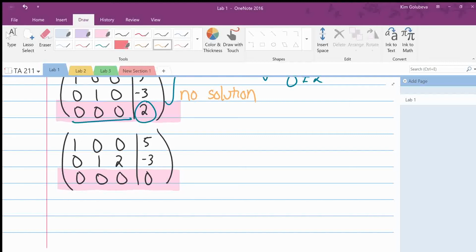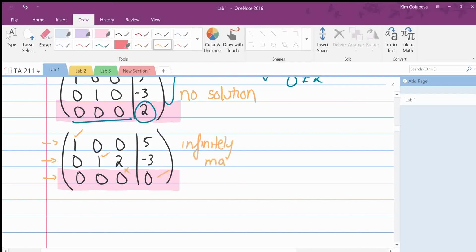So for these ones, if you look at all of the rows, you notice that, yes, row 1 has a leading one, row 2 has a leading one, but row 3 doesn't have a leading one. So in this case, you're going to check if your row that doesn't have a leading one is equal to 0. And if it is, then you have infinitely many solutions.